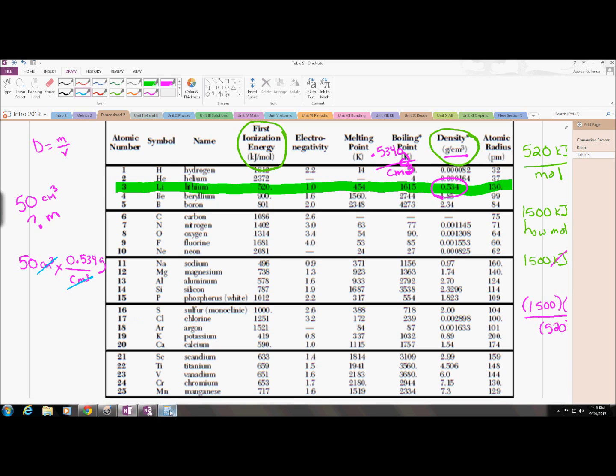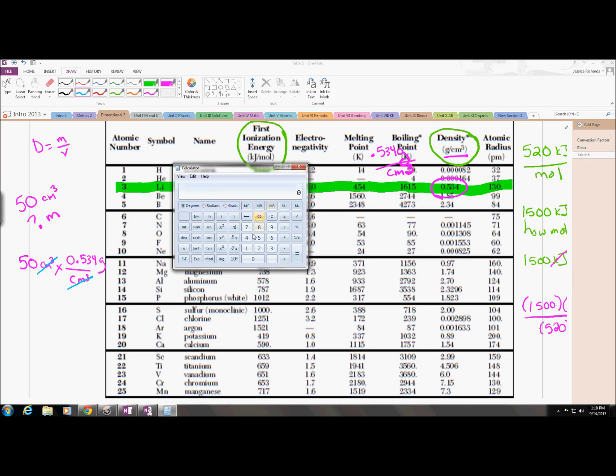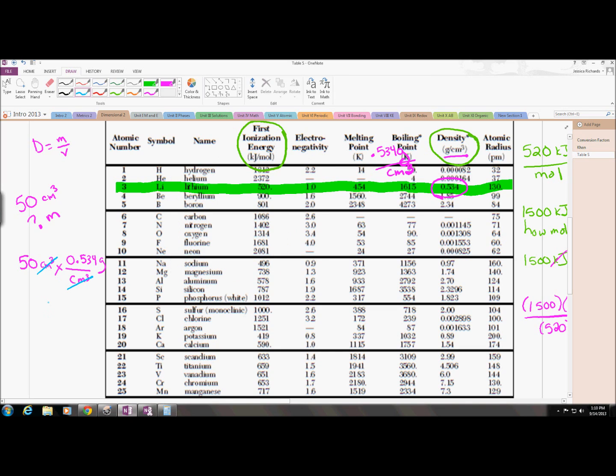I have 50 times 0.534 grams, and I have 26.7 grams. Correct sig figs: there's no decimal point here. We'd have to round that to like 30, but unless they ask for sig figs, don't panic over it. So 26.7 grams.